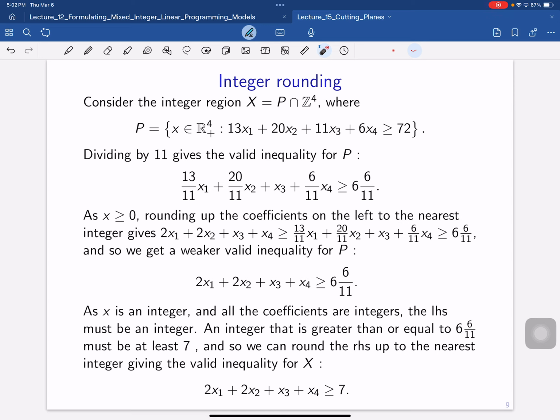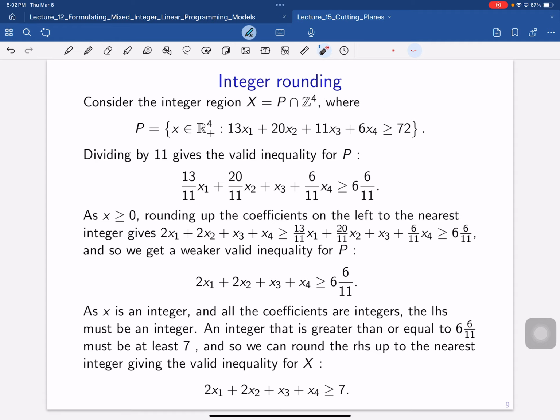In the next few slides, I will talk about a few other valid inequalities. They are more general than the small examples we gave you, but the fact that these inequalities are valid comes from very easy logic related to integer rounding.